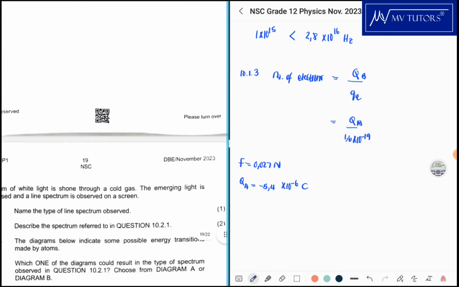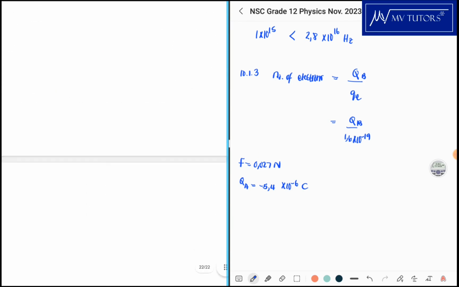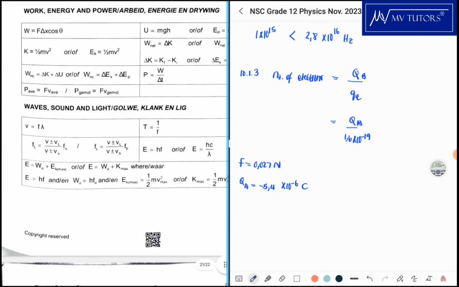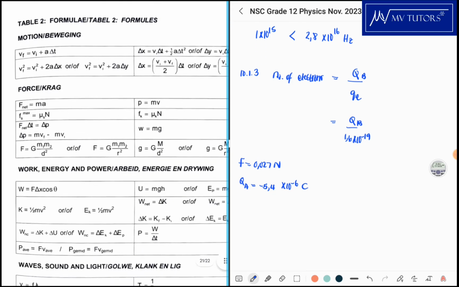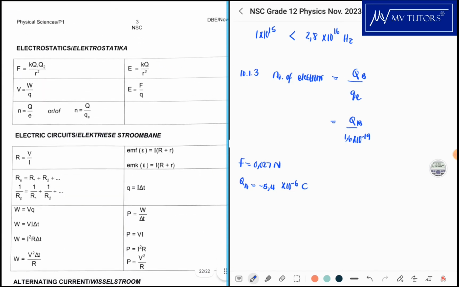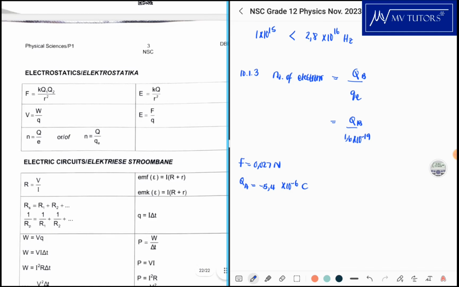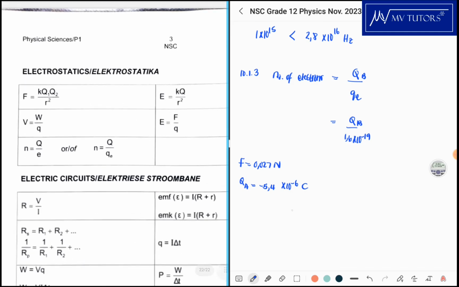All right, now let's go back to the formula sheet and see what formula can we use that has both. Yes, it has force and it requires 2 charges. So yeah, that is the equation that I'm going to use. So the force is equal to K, charge of A, charge of B, over R squared.